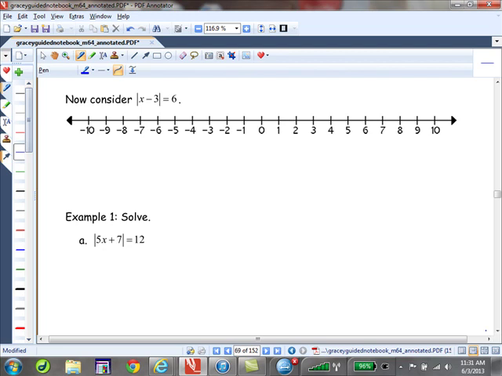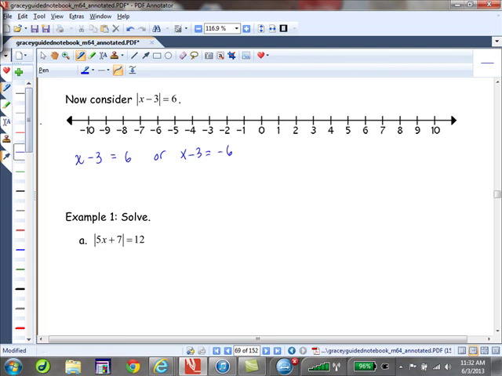So we have that situation here, all right? Now let's take a look at this one. We still want to be 6 units away on the number line, but now it's 6 units away from this quantity x minus 3. So if you think about it, this quantity inside, this is our u, x minus 3 has to be equal to 6, or x minus 3 has to be equal to negative 6.